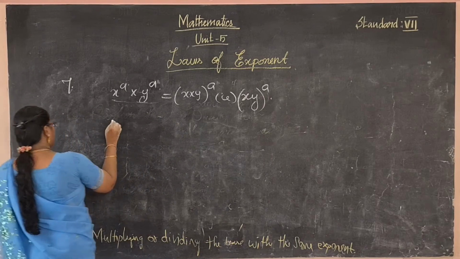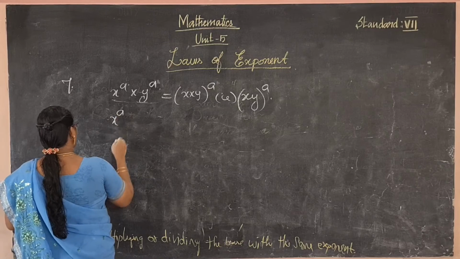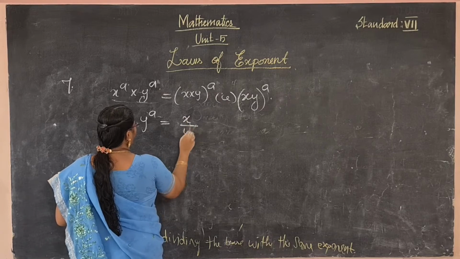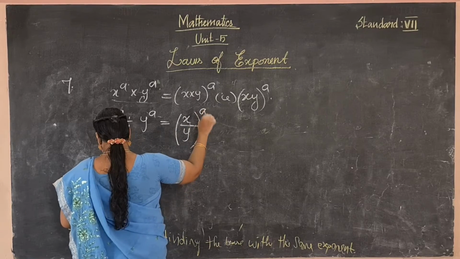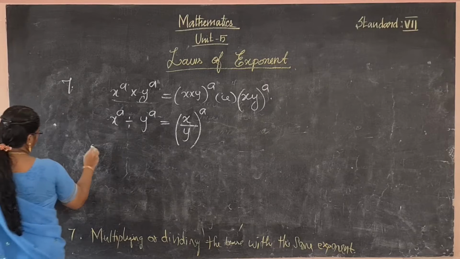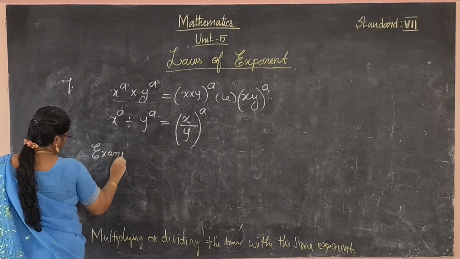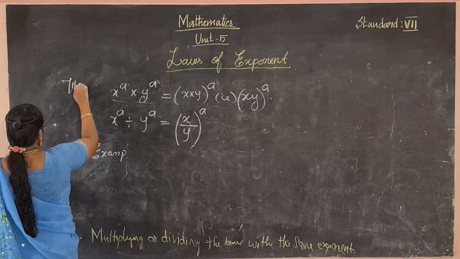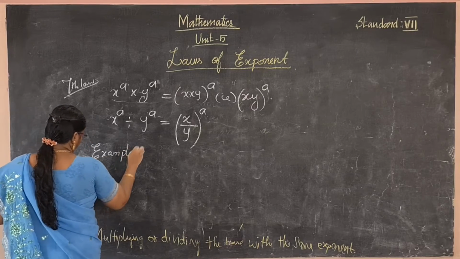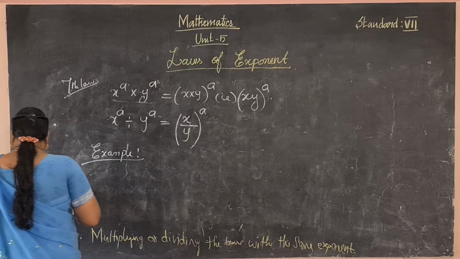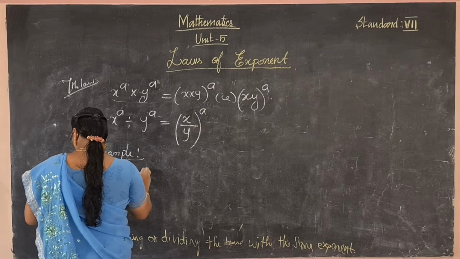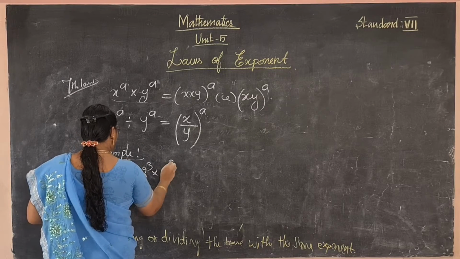Okay, division: x by y, the whole power a. Okay, see the example. 2 power 3 into 3 power 3.